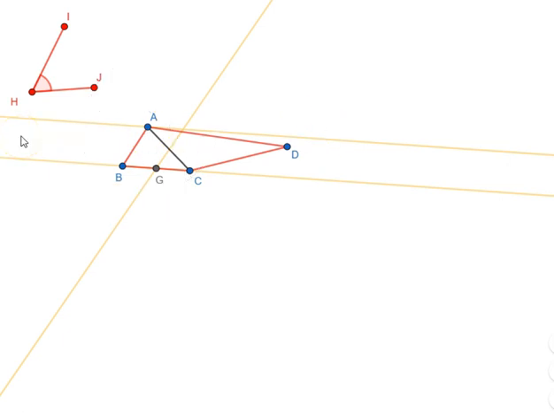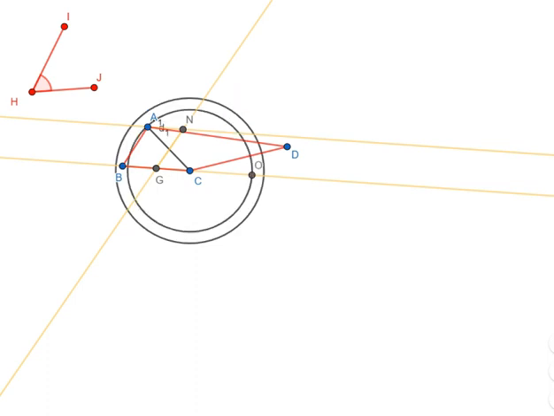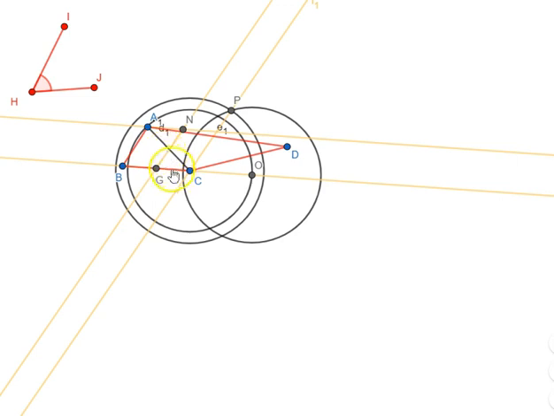Now this line and this line intersect each other. So let's mark that point of intersection. Now we have to again copy this angle to C, or in other words, we have to draw a line parallel to this line at C. So again, we copy the angle so that now it is the corresponding angles that are equal, which again makes the two lines parallel.